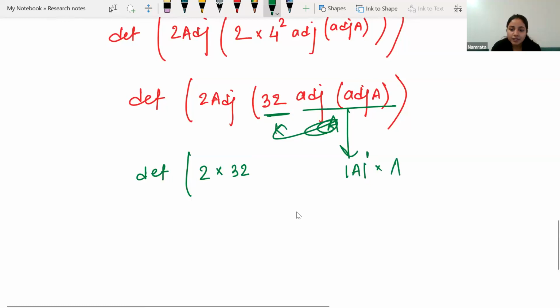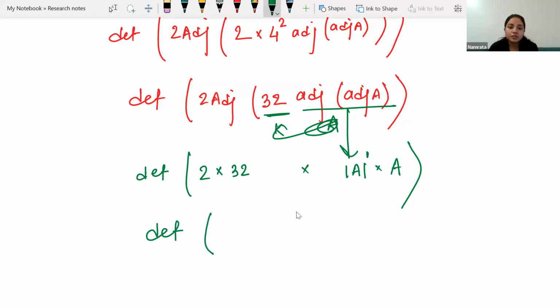So we will be having A over here. 32 is already there, nothing else will be there. Is it clear so far? Are you getting it? We are having here determinant of 64, then determinant A times A. Is it clear? Yes, ma'am.